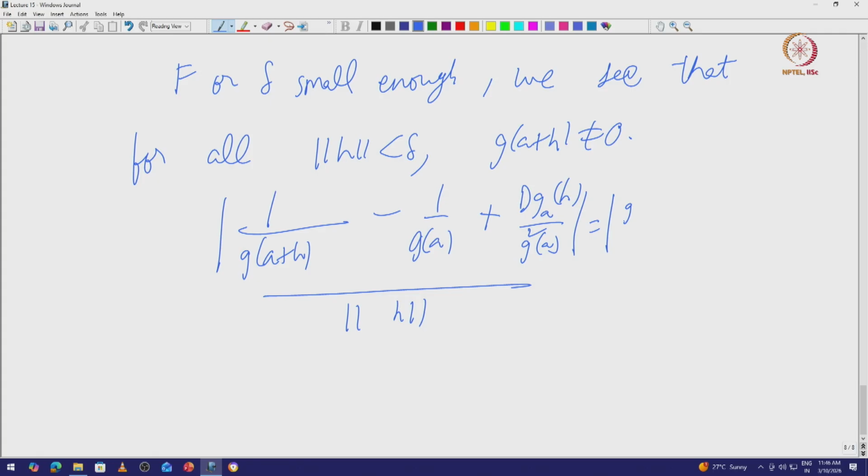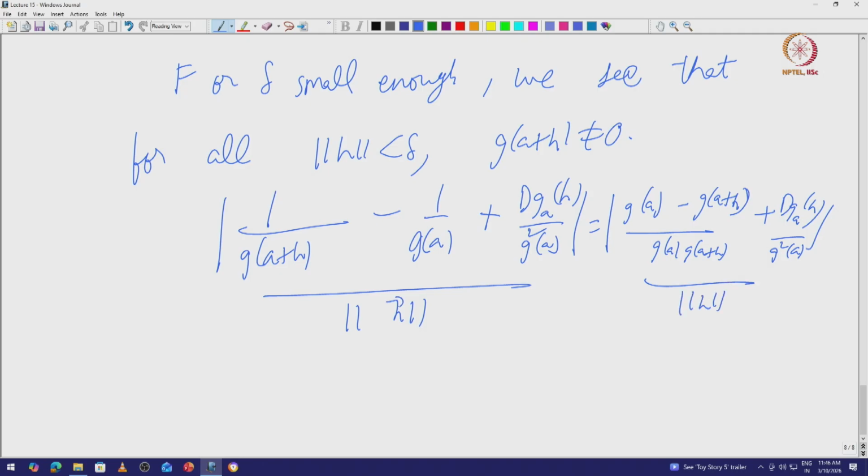So this is g of a minus g of a plus h divided by g of a times g of a plus h, plus g square of a. Again, these are all vectors technically speaking, but as I said, I'll be rather cavalier and drop the vector symbol wherever it is understood.